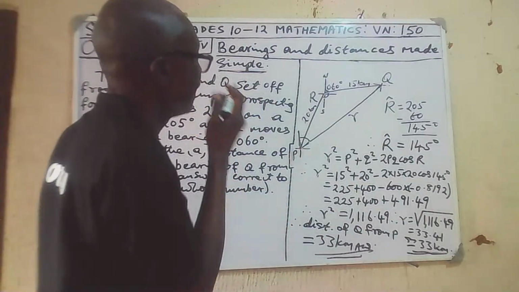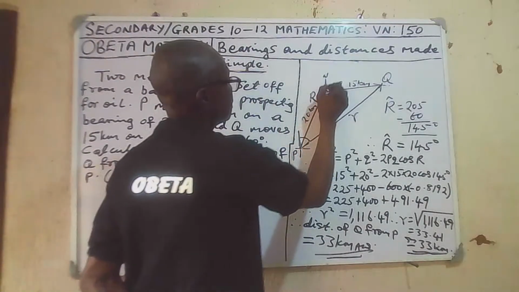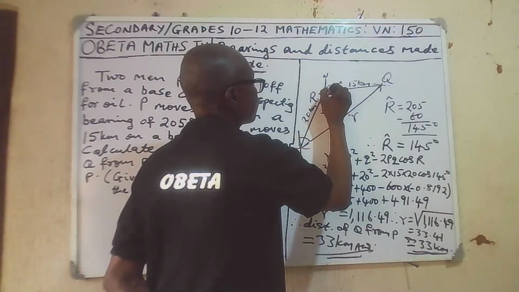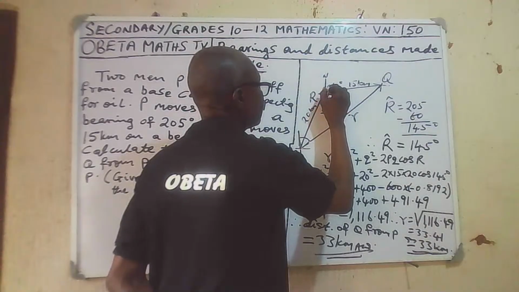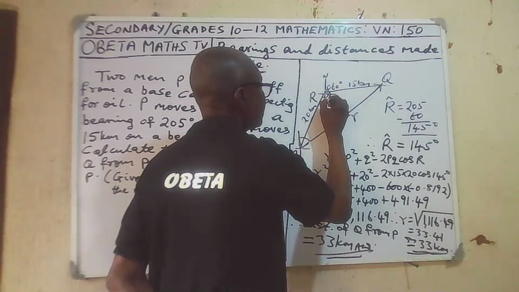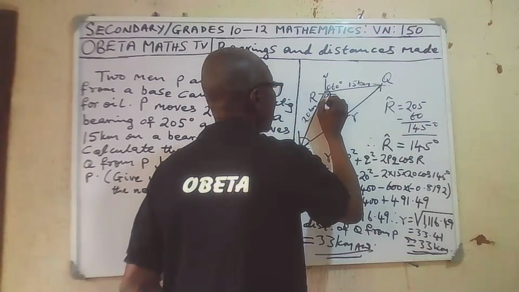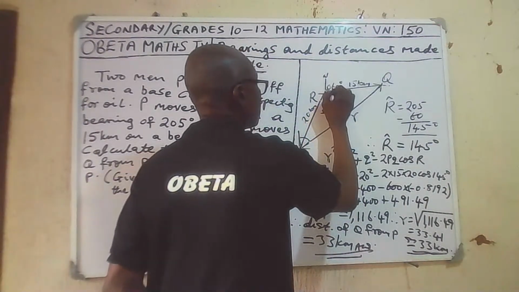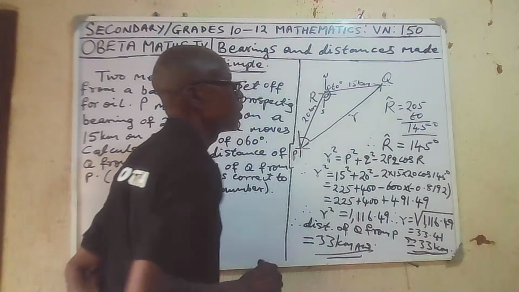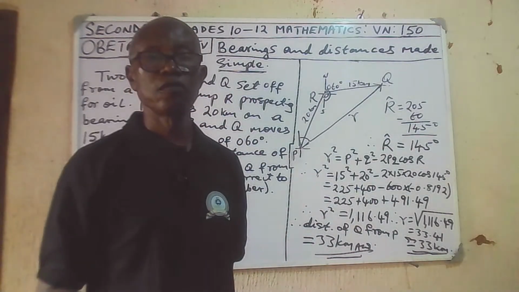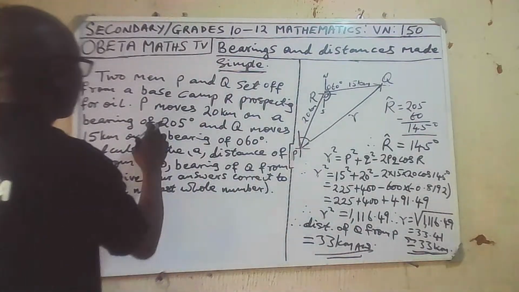Now, in order to get that, remember the whole of this, from here to this line is 180. But from the beginning to the end here is 205 degrees.